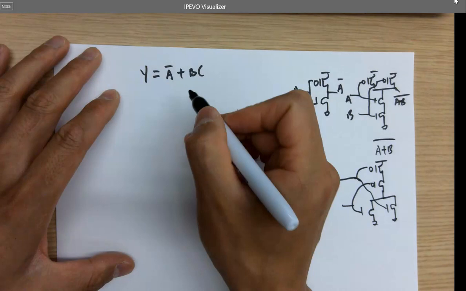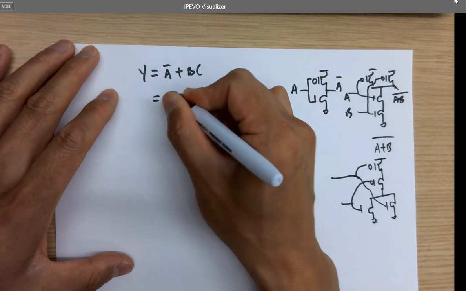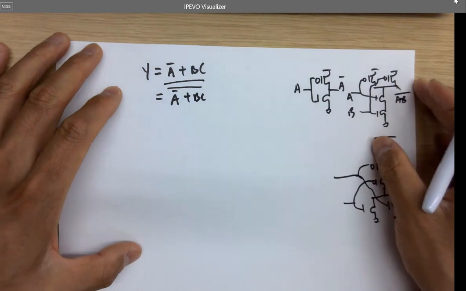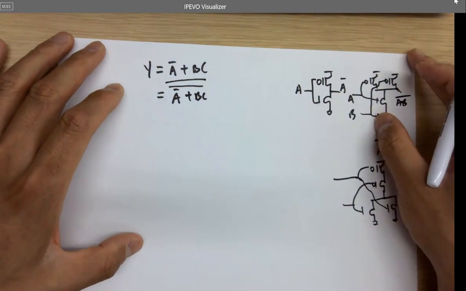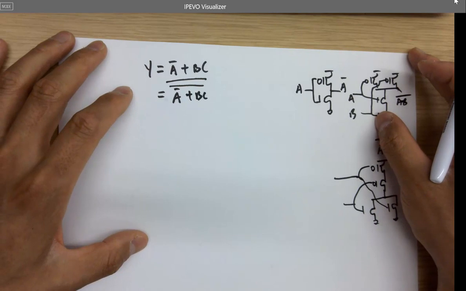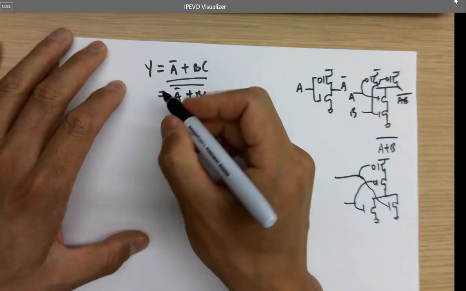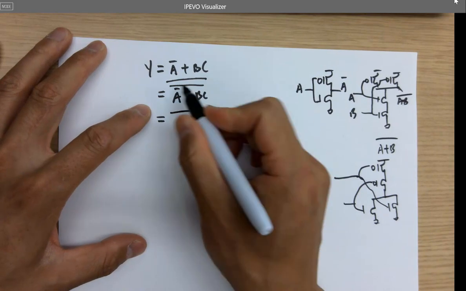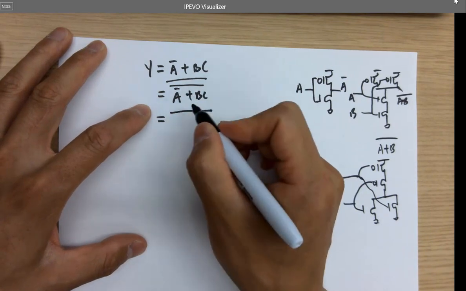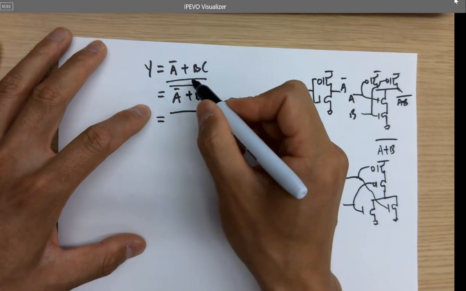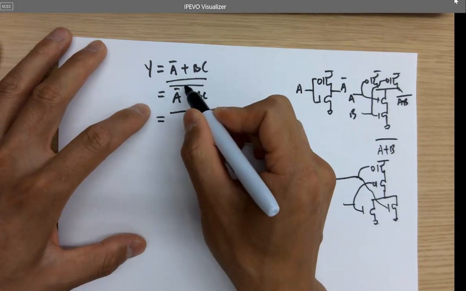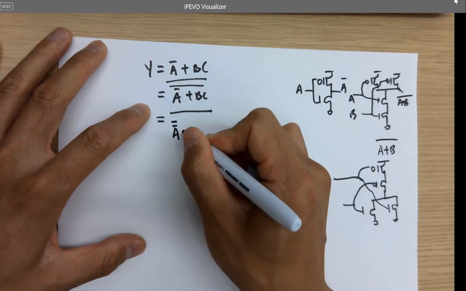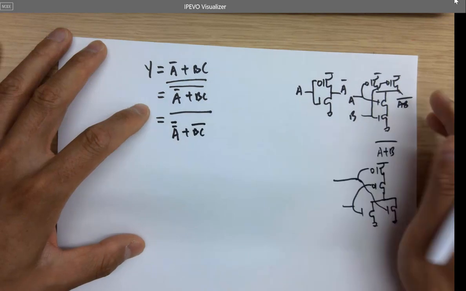For this one, we don't have a bar yet, so let's make up a bar. A not or B, C, let's put two bars on top. So still itself, right? It's going to be inverted twice. And then we implement De Morgan's law. We keep the top bar, we're not changing the top bar now. And we split the bar in the middle and change the sign. So we're getting A not not, or B C not.